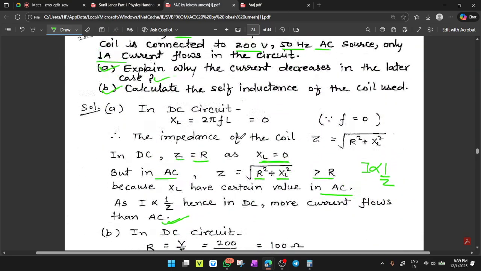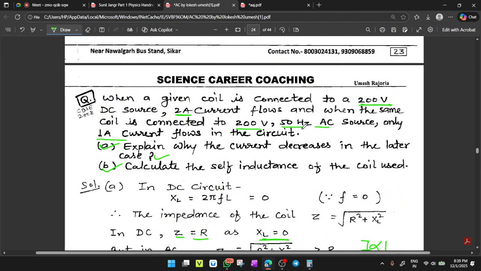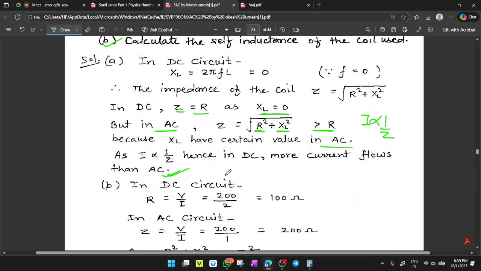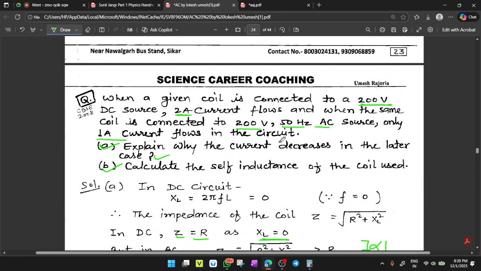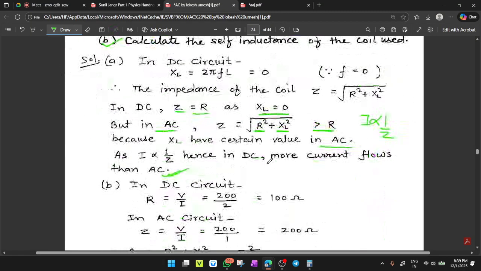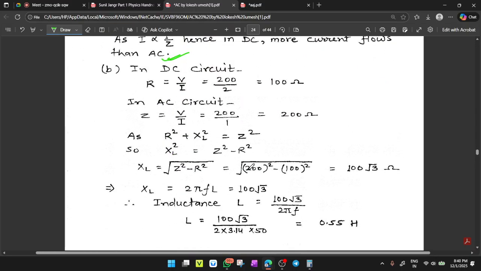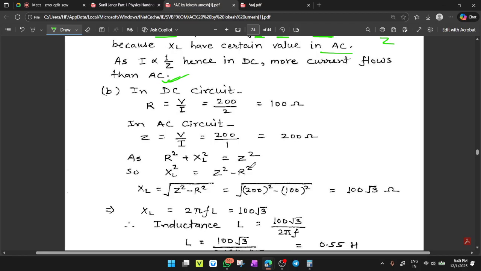When you apply an inductor with an AC, it will have some value, so impedance will be more than the resistance, so the value of the current will be reduced. Second, calculate the self-inductance. In the DC circuit, R equals V upon I, that is 200 by 2 equals 100 ohm.